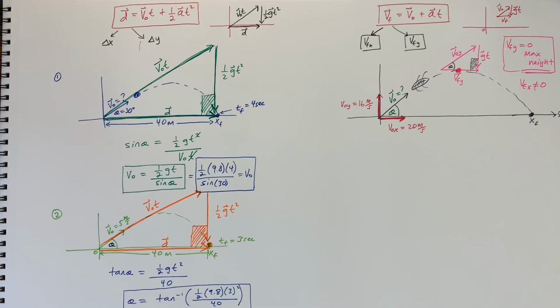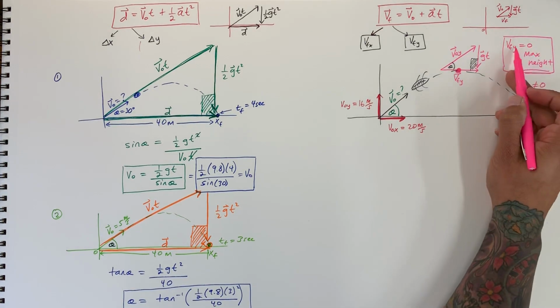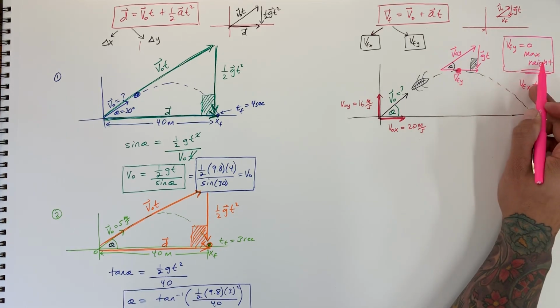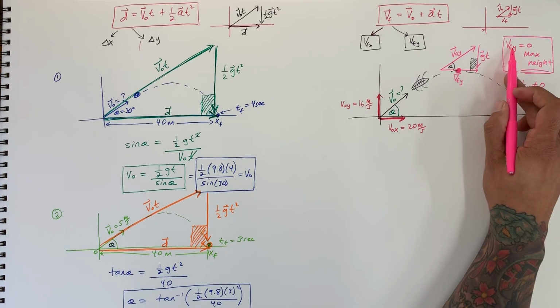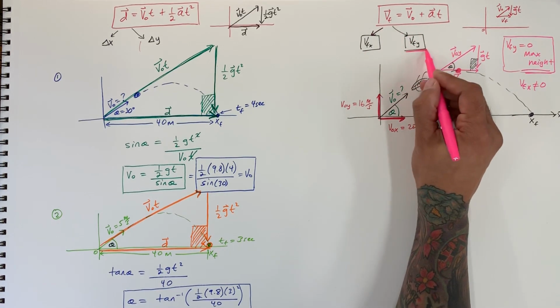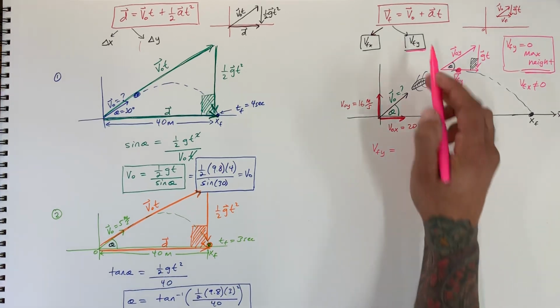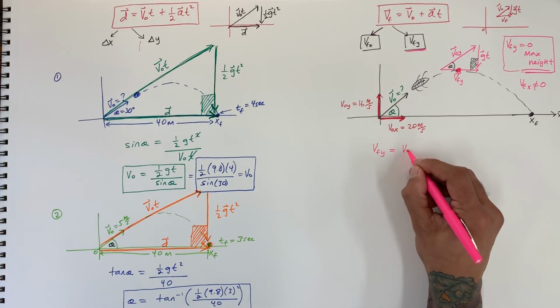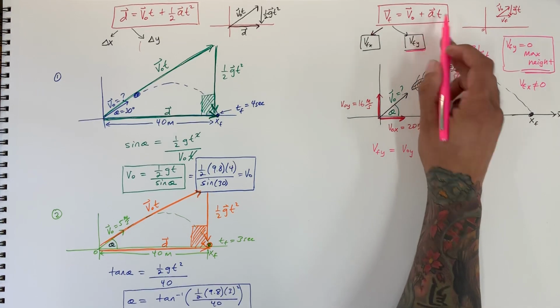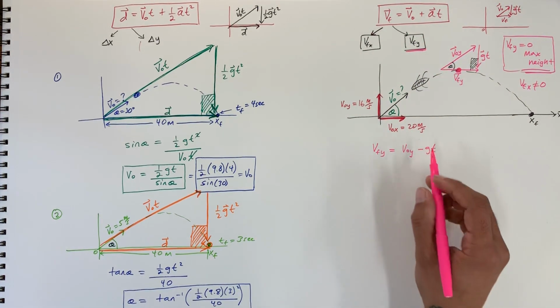So now let's use that triangle, and let's use the fact that at max height, velocity in the y is equal to 0. So this equation for the y is velocity final in the y is equal to velocity initial in the y minus gt, where g is gravity, okay?